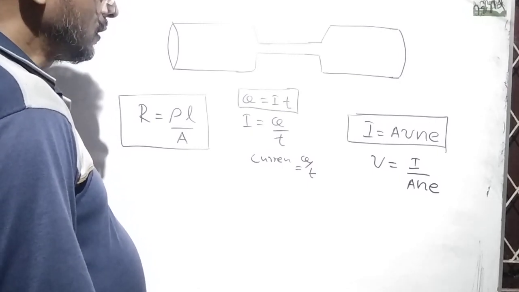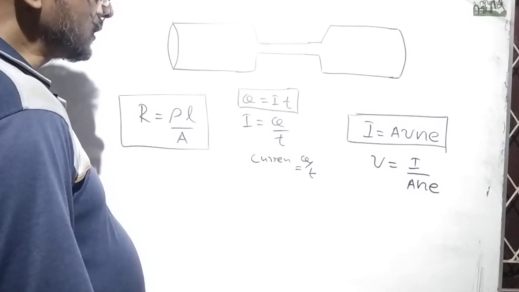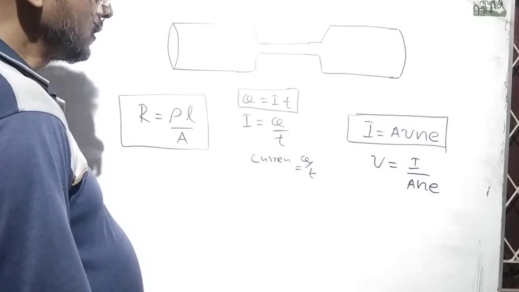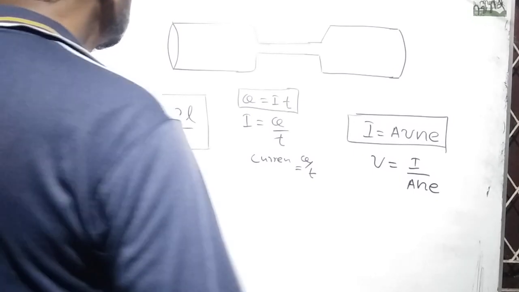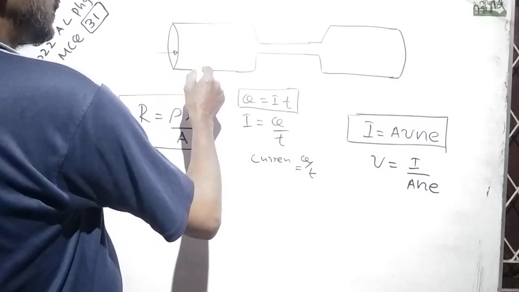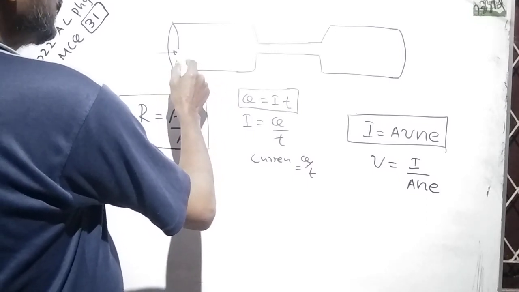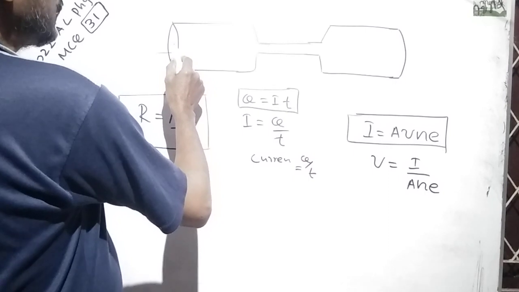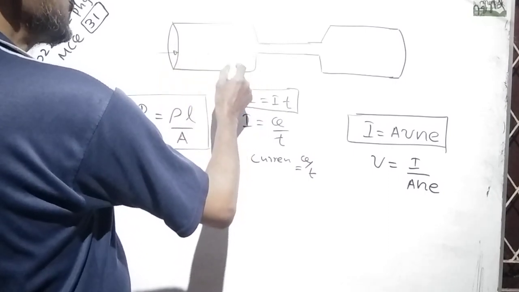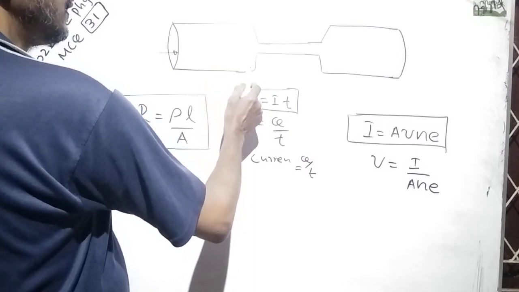Everywhere means in every cross section, current should be equal, because if charges are inserted in this place, the quantity that moves per second should be equal, because charge particles can't be stored in any place.